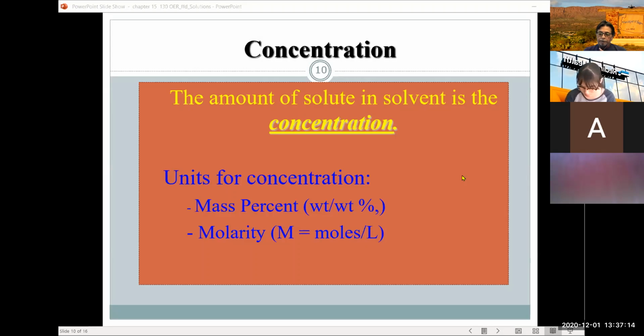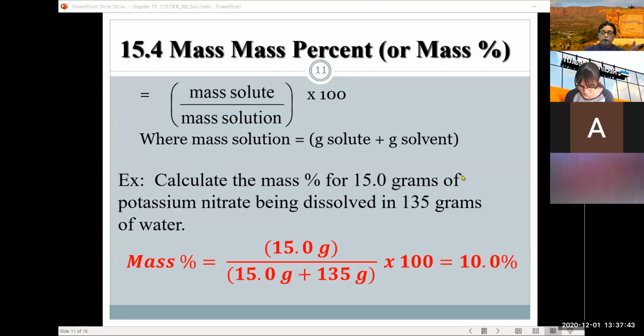Remember the moles. You have X grams of a compound. You need the molar mass of that compound. You divide by the molar mass to give you the moles, because the molar mass has the units of grams per mole. So calculating the number of moles, dividing it by the volume utilized gives you the concentration of molarity.